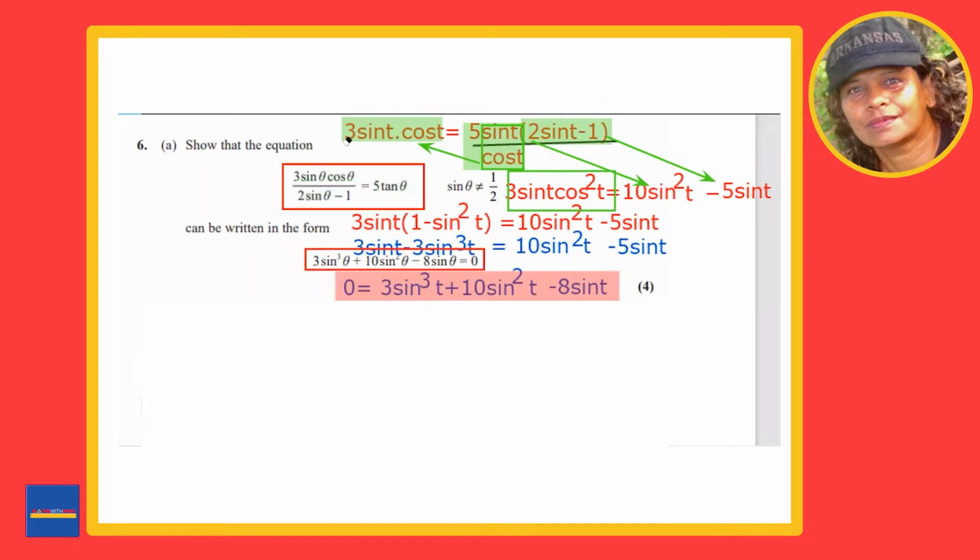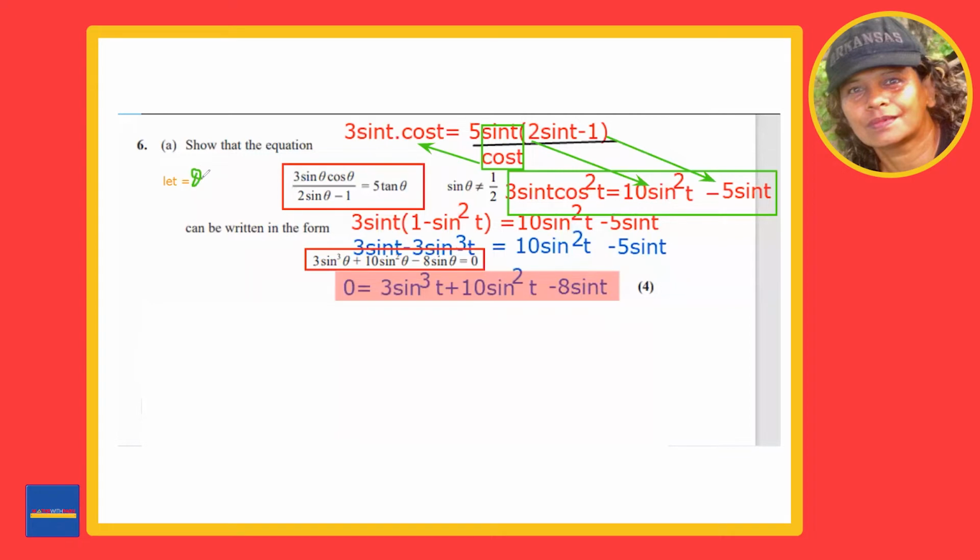So I have that. Now I have rewritten this equation as 3 sine t cosine squared t equals 10 sine squared t minus 5 sine t. Now, I may have failed to mention that I'm going to let t be equal to this symbol theta, because it's just easier for me to type it.